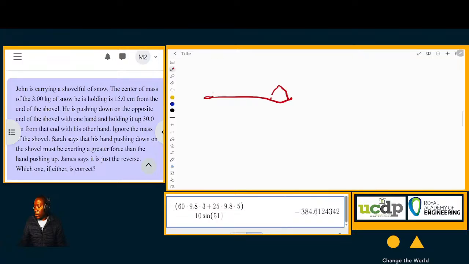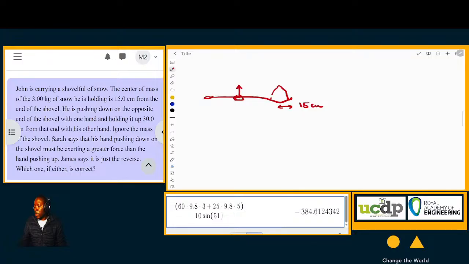The center of mass of the 3 kg of snow he is holding is 15 centimeters from the end of the shovel. So this ideally will be 15 centimeters. There's one hand holding from there, gripping with an upward force.